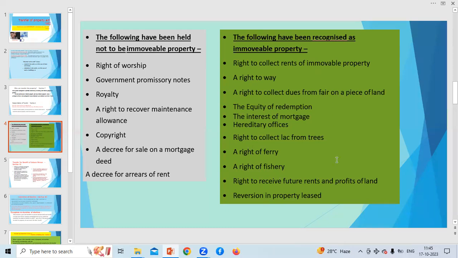This is the list of recognized immovable property. You can transfer all these benefits. These are benefits.